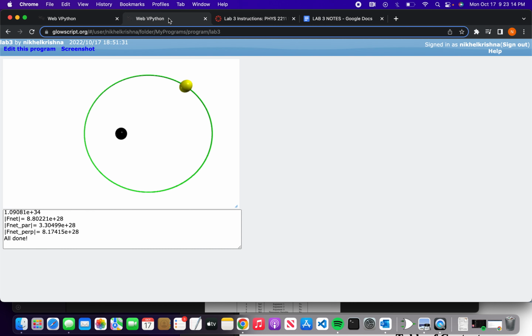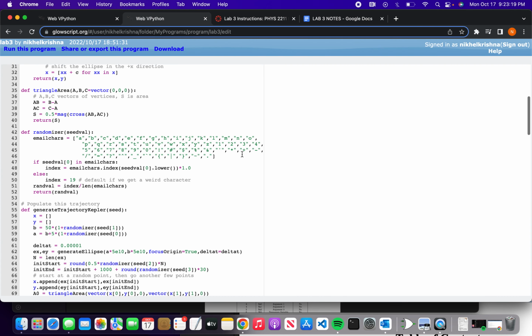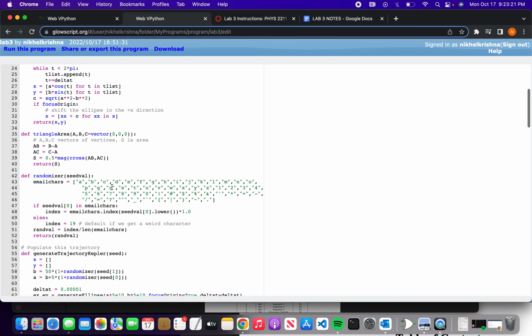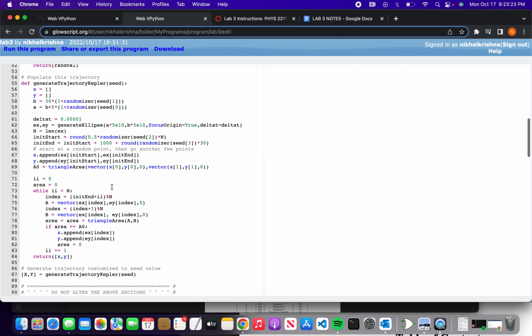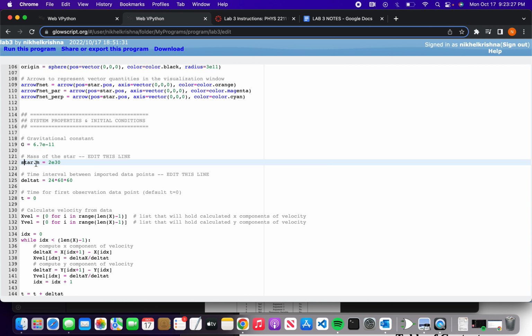So moving on to GlowScript to find the mass of our black hole, we use our random seed to generate our trajectory. And we set our star's mass and the time interval, which would be 1 day per the instructions in the Canvas document.